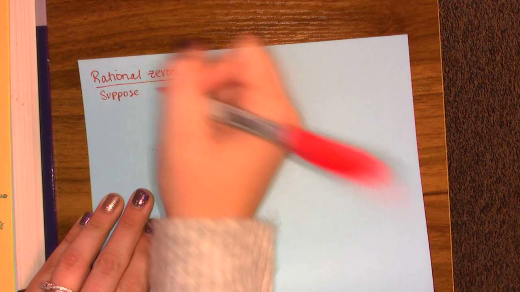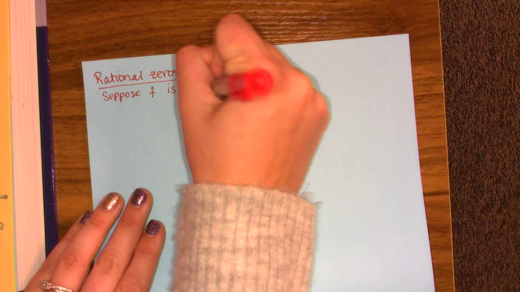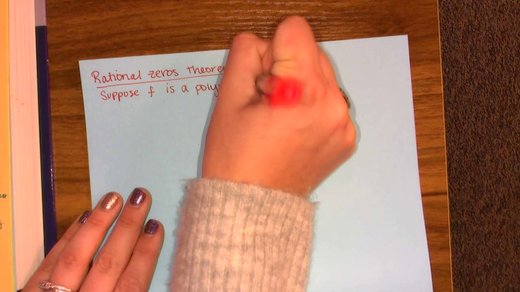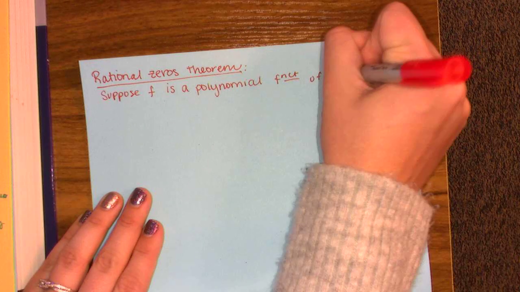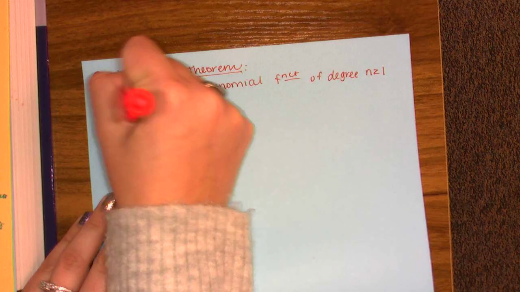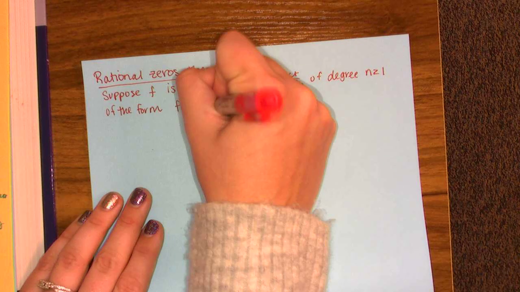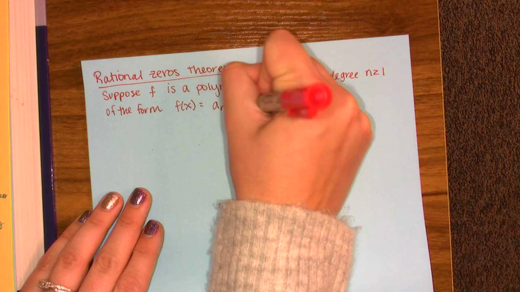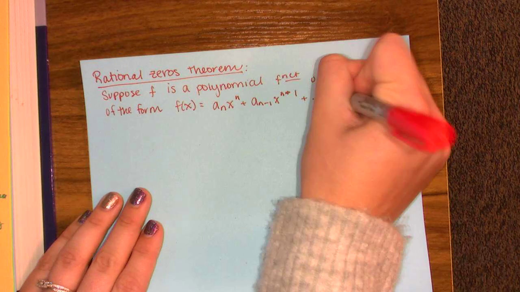So suppose f is a polynomial function of degree n greater than or equal to 1 of the form f of x is equal to a sub n x to the n plus a sub n minus 1 x to the n minus 1 plus dot dot dot plus a sub 0.